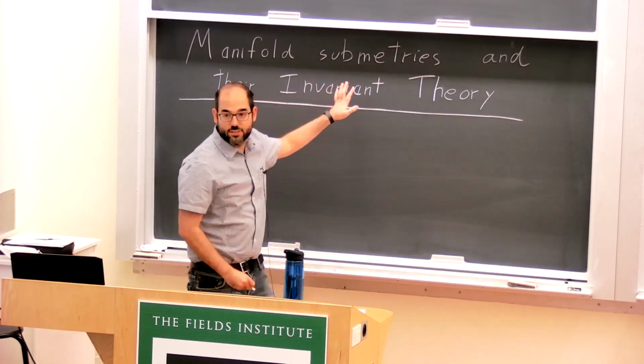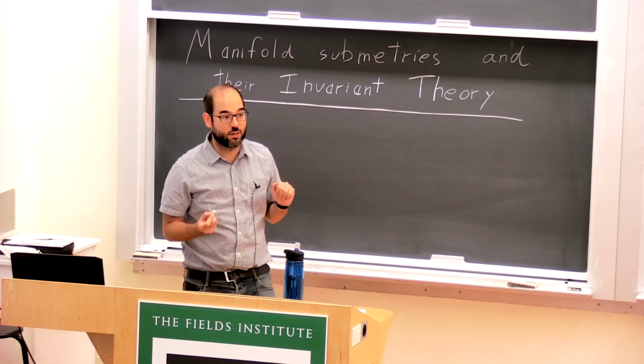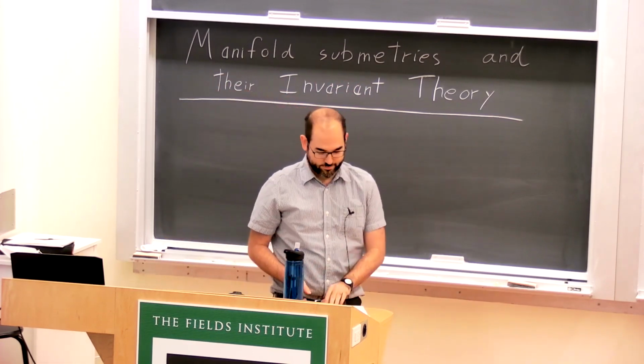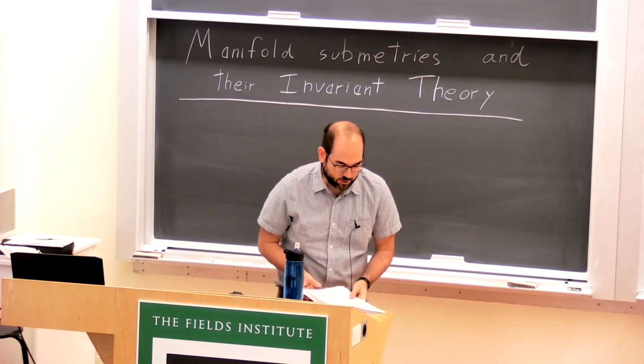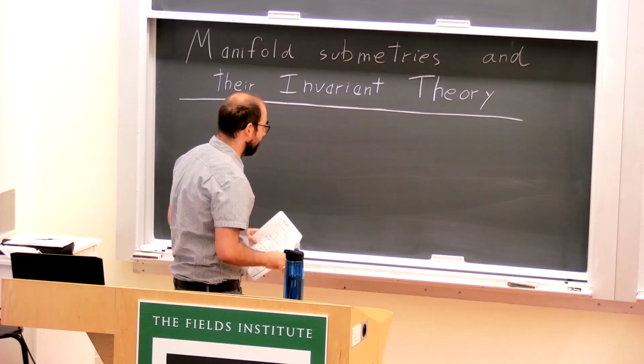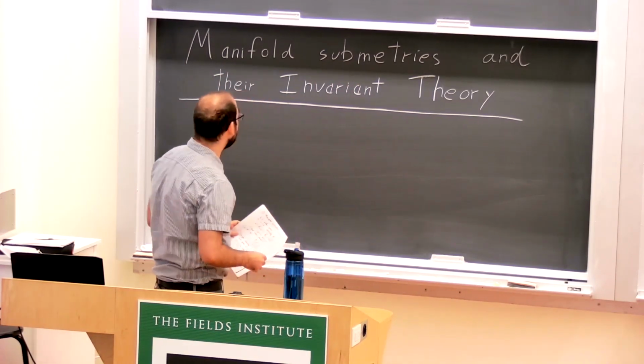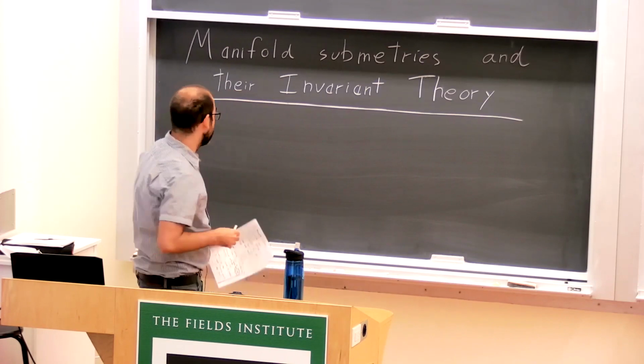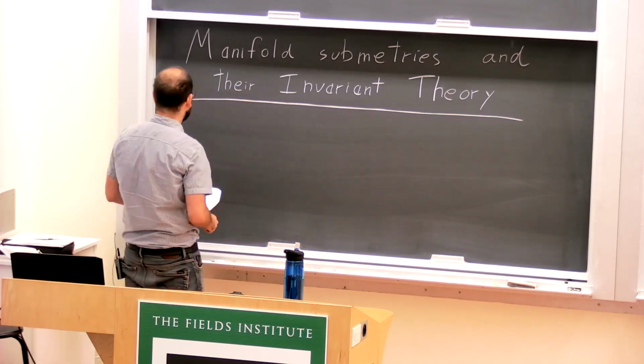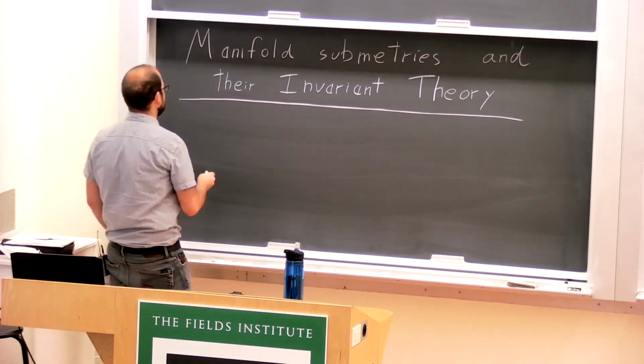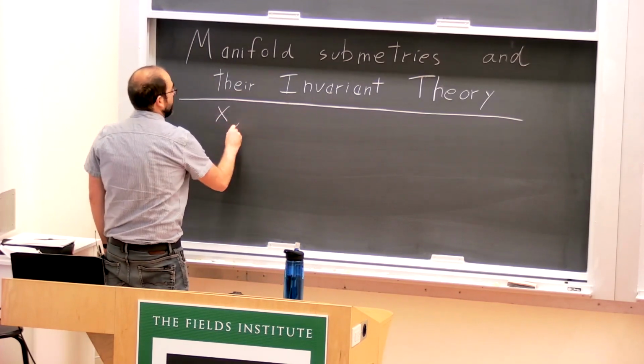Let me start with what manifold submetries are, and actually with what a submetry is. I'm sure many of you already know that, but let's go through it for those that don't. It's a metric space kind of thing.